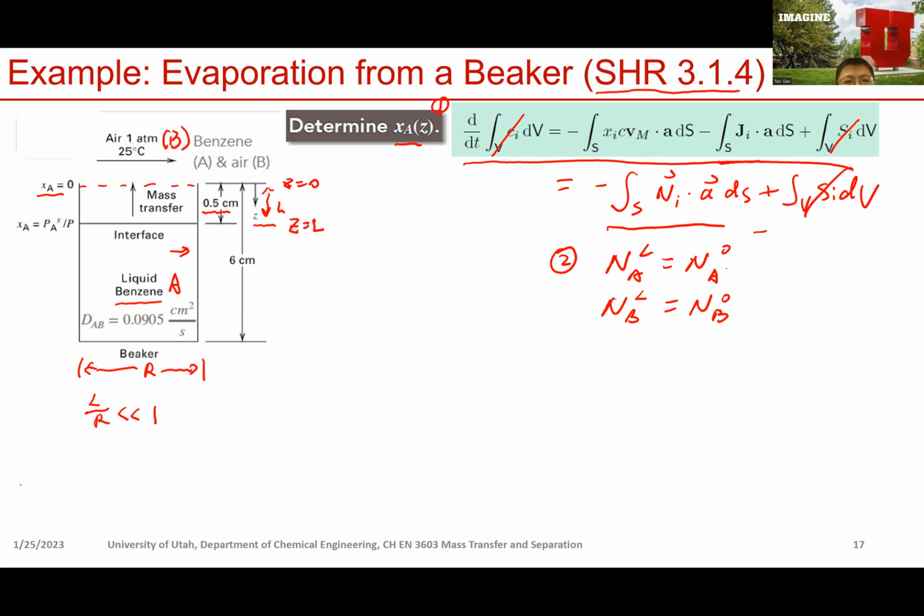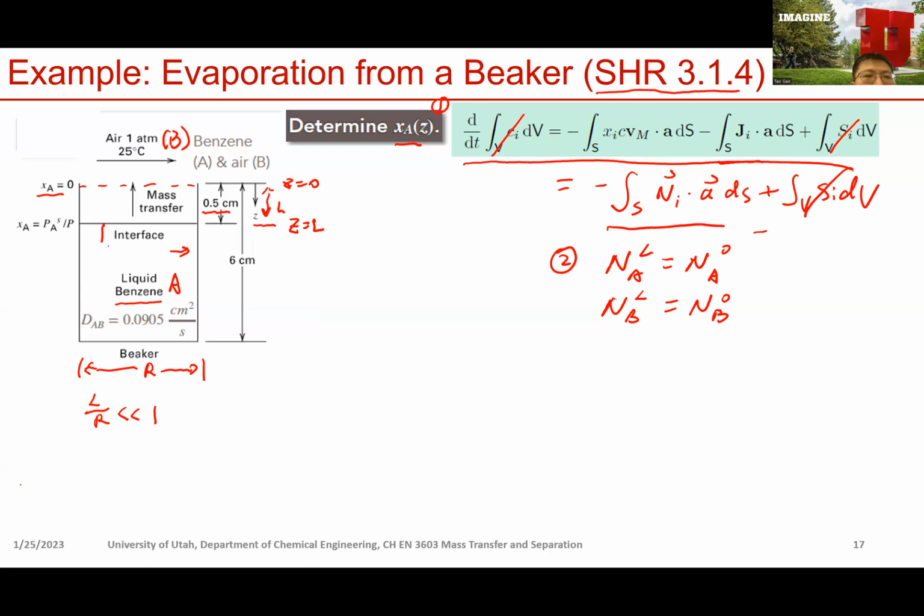Now, because we know air cannot go into liquid benzene at steady state, let's assume liquid benzene is already saturated with air, so it cannot dissolve any more air.